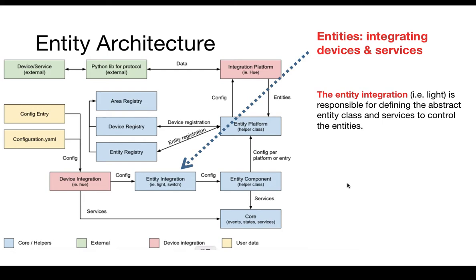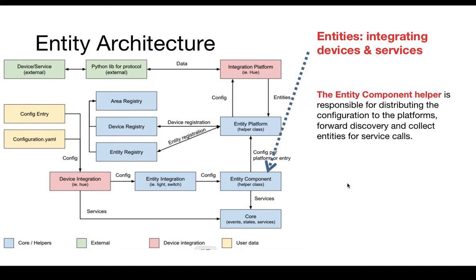The entity integration, such as light, is responsible for defining the abstract entity class and services to control the entity. The entity component helper is responsible for distributing the configuration to the platforms, forwarding discovery, and collecting entities for service calls.